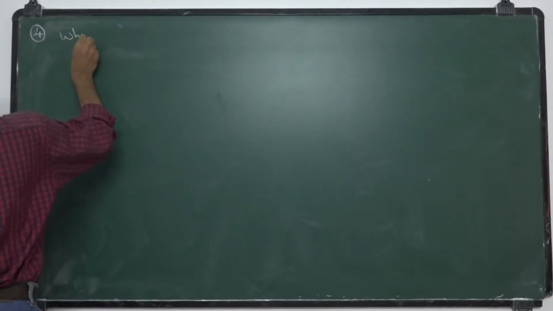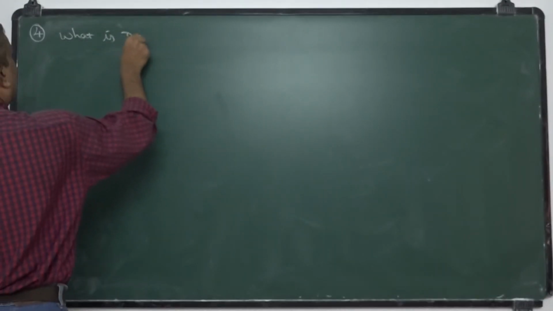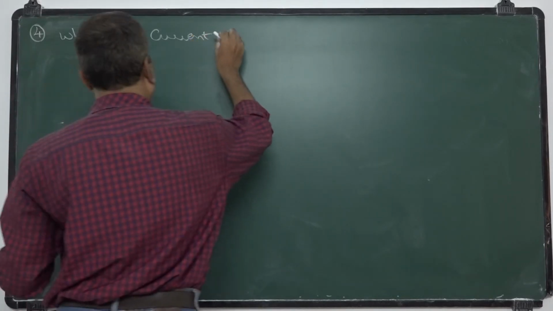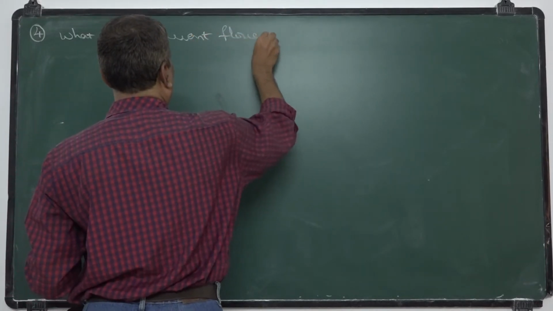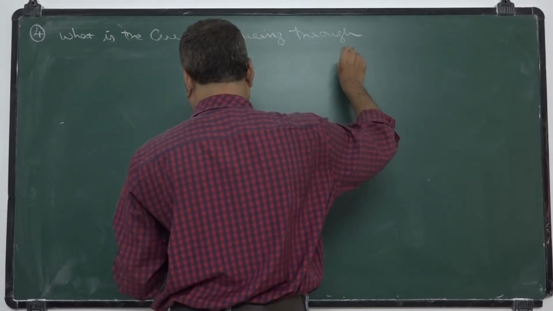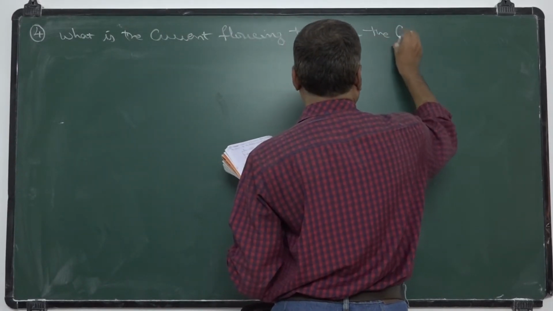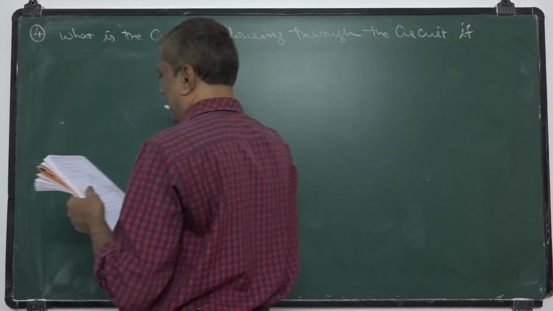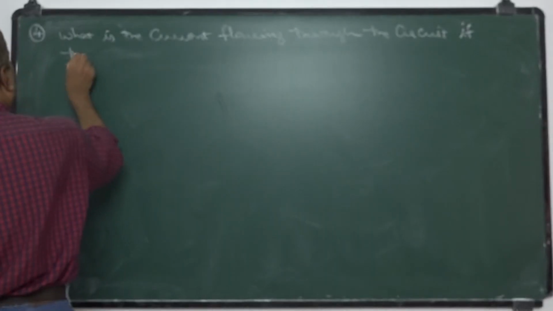What is the current flowing through the circuit if the diodes are ideal?